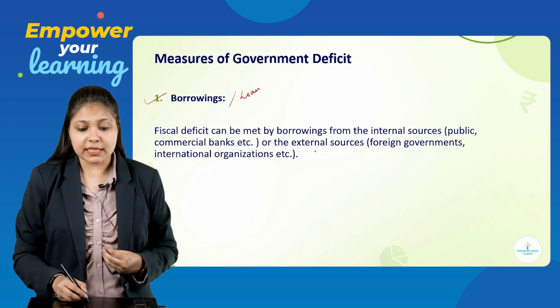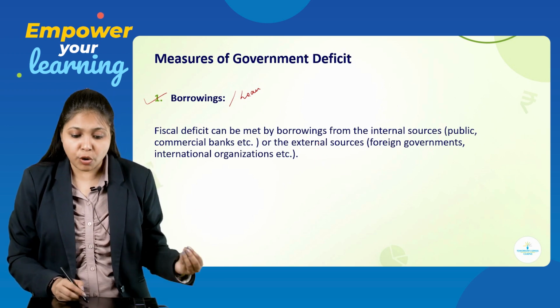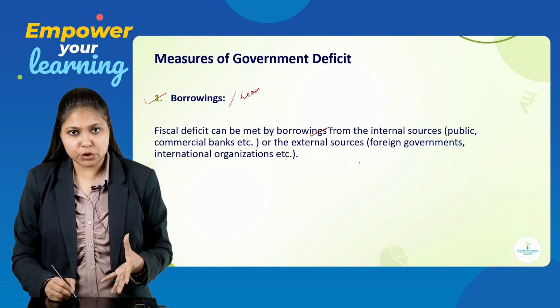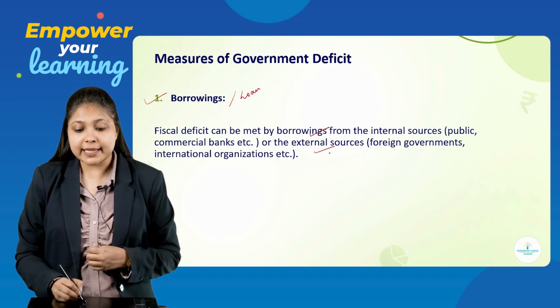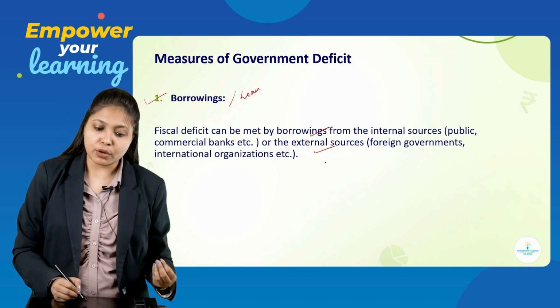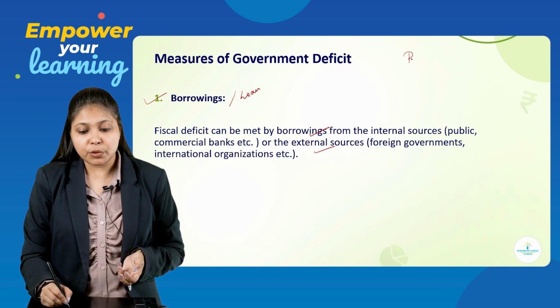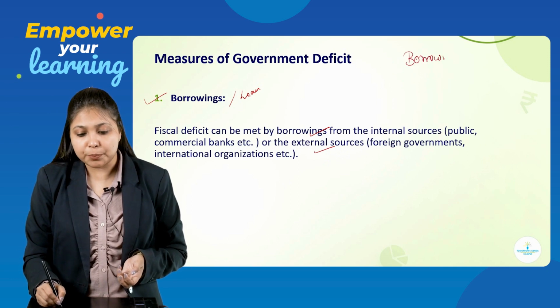So fiscal deficit can be met or solved by borrowings from internal sources like the public, commercial banks, etc., or else external sources like foreign governments, international organizations, etc. So for borrowings also you have two options.